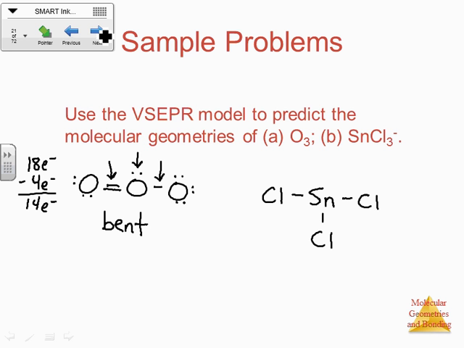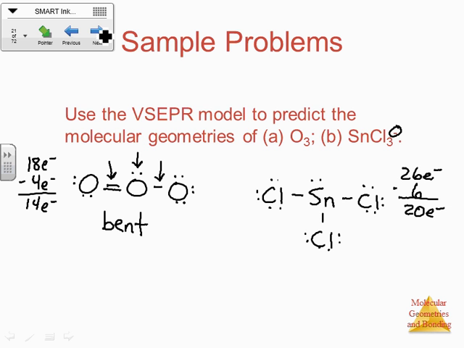So for the total number of valence electrons here, Sn has 4, each of the chlorines has 7, so 25, plus the 1 from the minus charge, so 26 electrons. We just used up 6 of them on the bonds, so we've got 20 left.